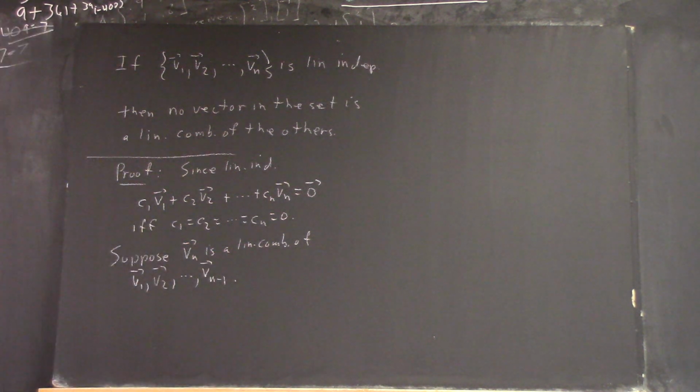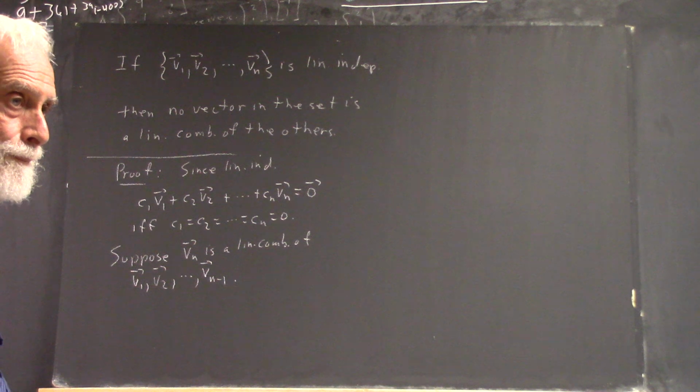Suppose Vn is a linear combination of the others. Okay?